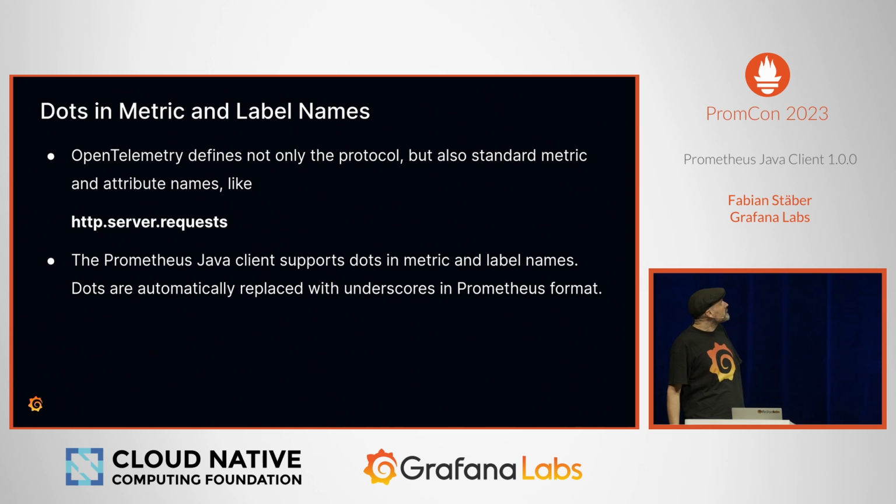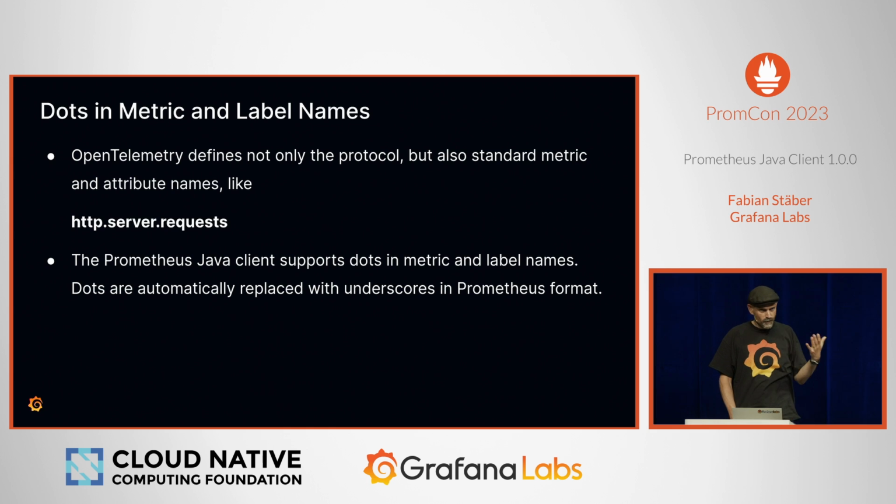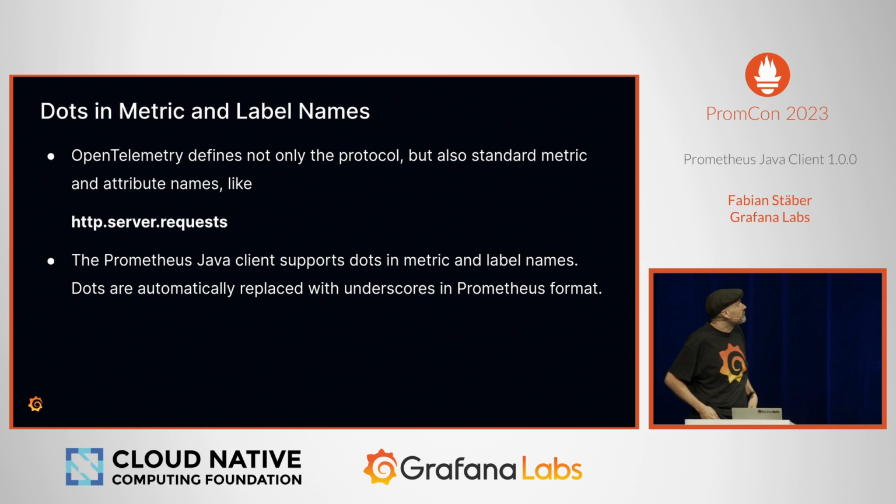There is an issue with that, though, which is that those standard names in OpenTelemetry usually have dots, like http.server.requests, and dots are, currently at least, an illegal character in Prometheus metric names. And what we did now in the Java library is we allow dots in metric names.